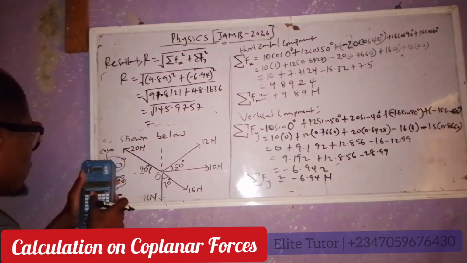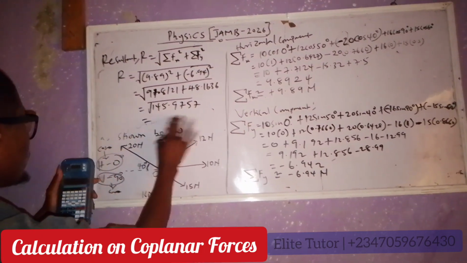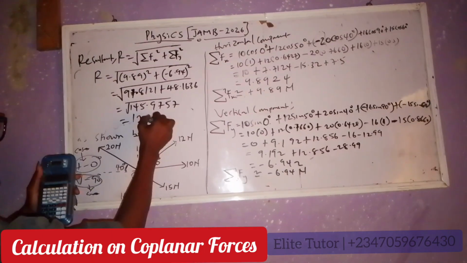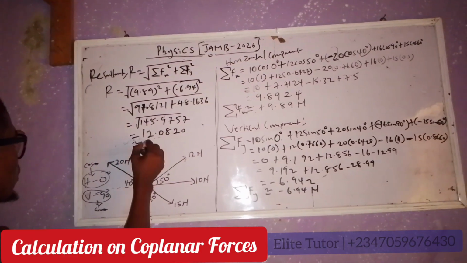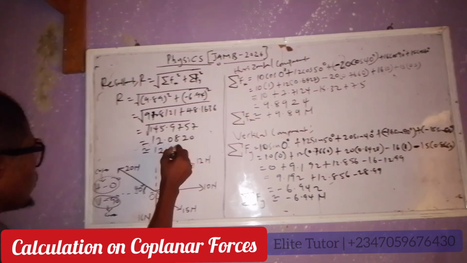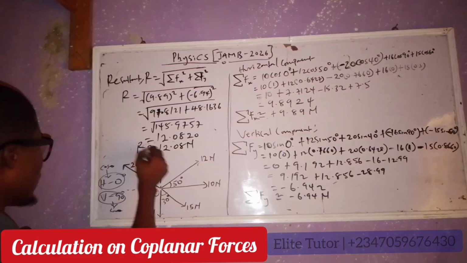The square root of this is 12.0820, which is approximately 12.08 Newton. That's our resultant.